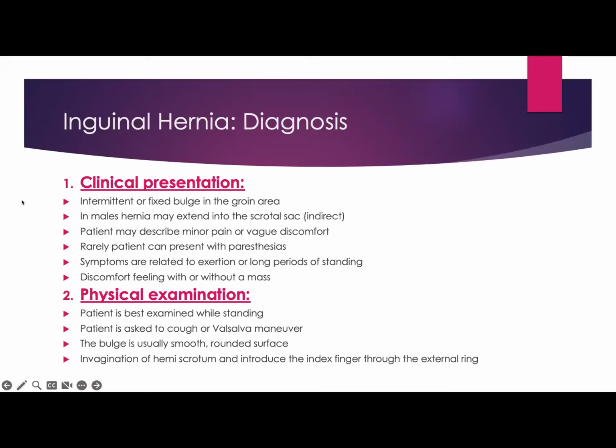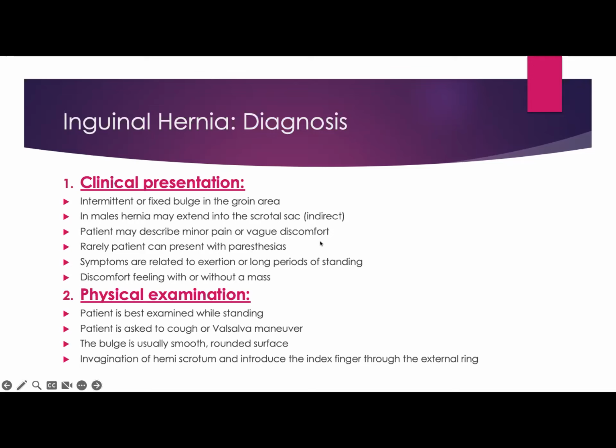So what would be the clinical presentation? It's going to be bulging, whether it is fixed or not fixed, or whether it is an external complete hernia or an interparietal hernia. So it's going to be an intermittent or fixed bulge. In males, the hernia may extend into the scrotal sac if it was indirect. Patients may describe minor pain or big discomfort.